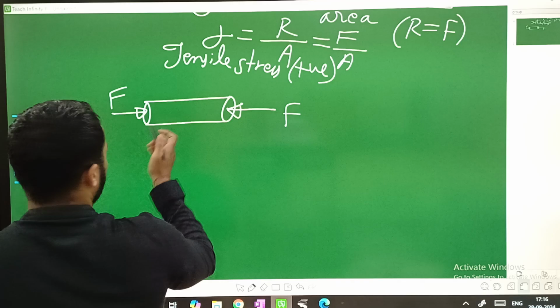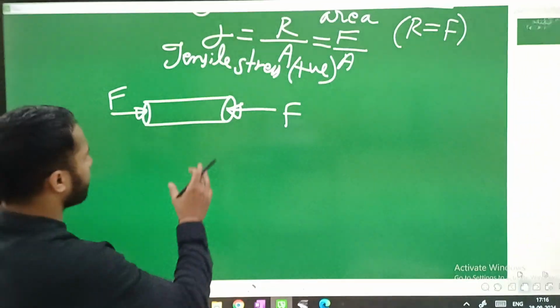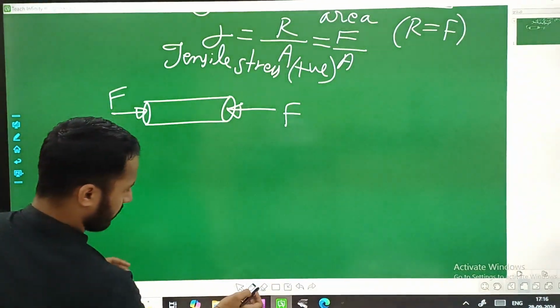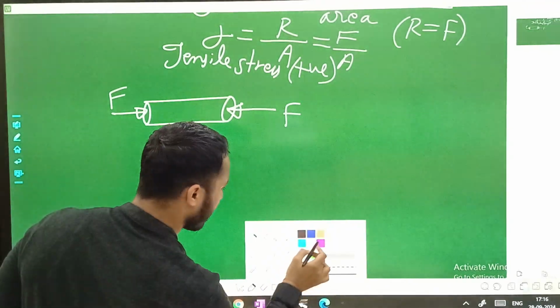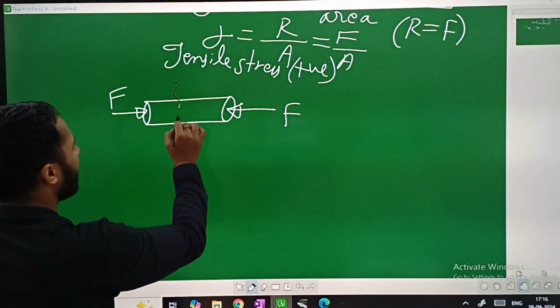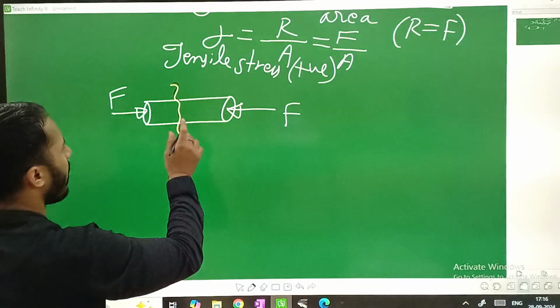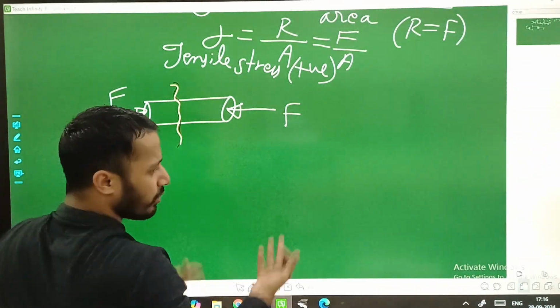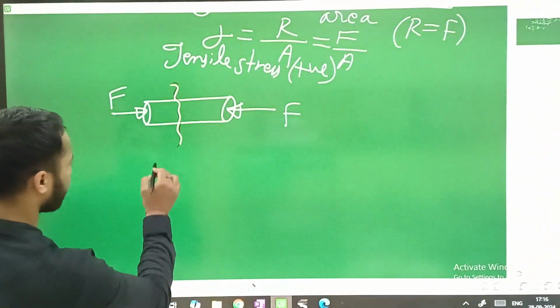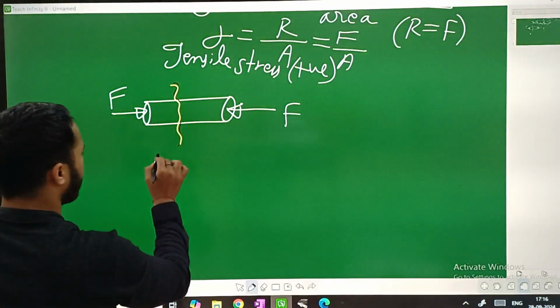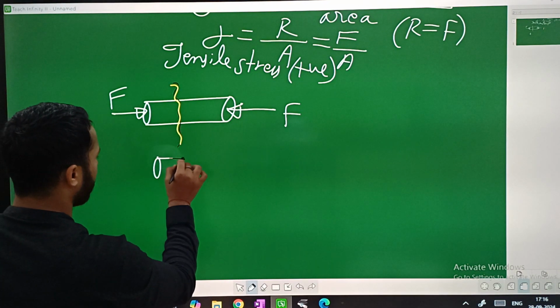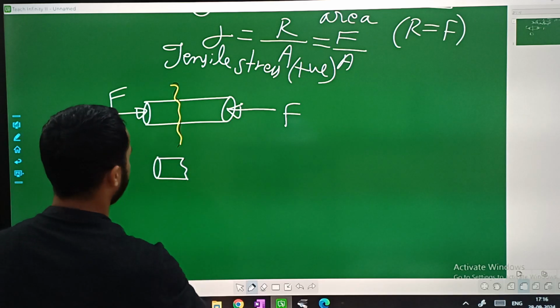So again the particles of this rod will face a problem. Yes or no? They will try to oppose these forces. How will they oppose? Let's see. So this part I am just drawing. Please see here.